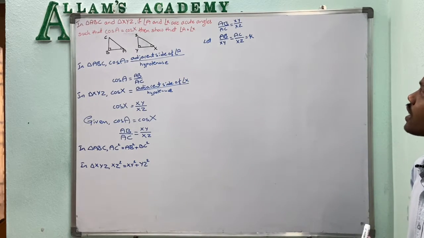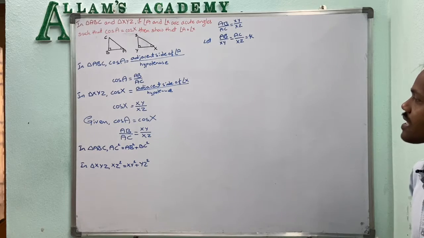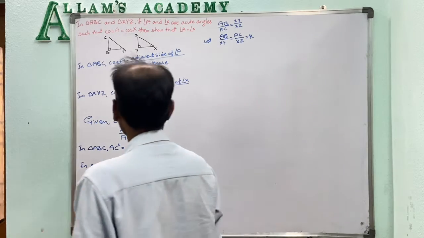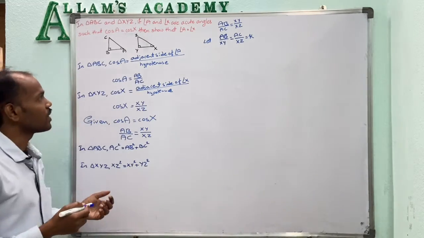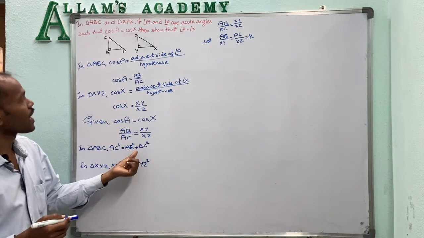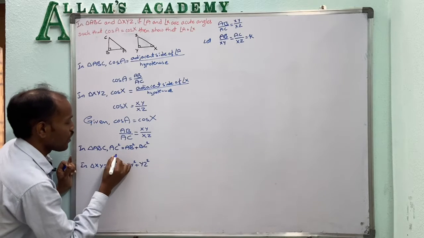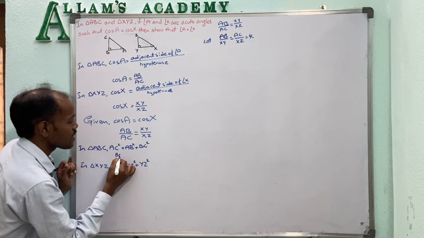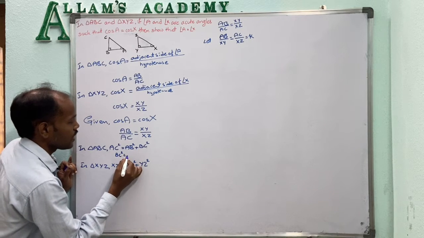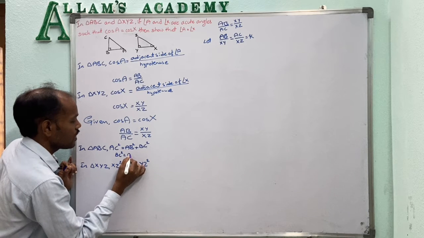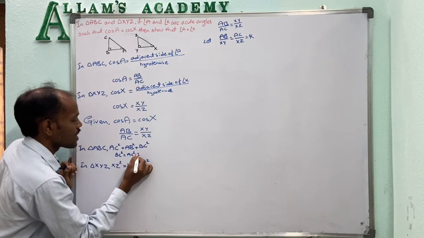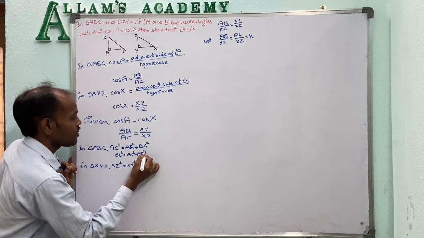Okay, now for this constant k value, if we observe, the remaining third side is BC. So if we want to write BC square equal to, that is nothing but AC square minus AB square.